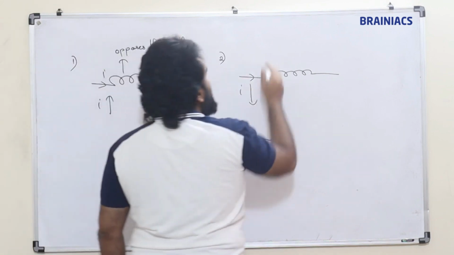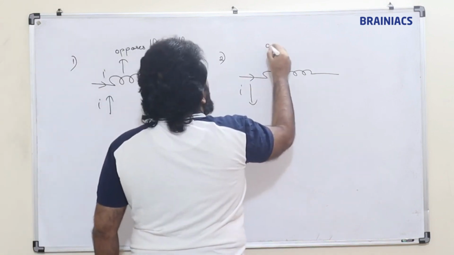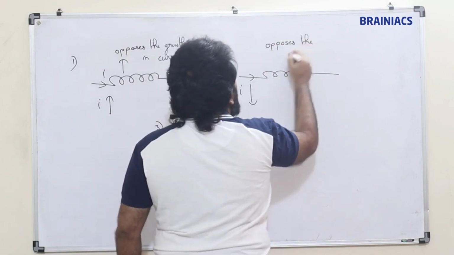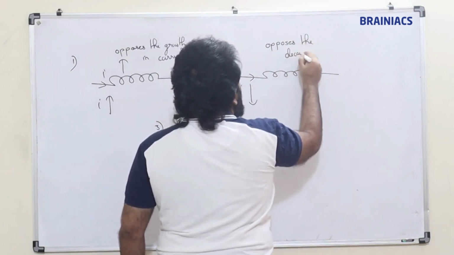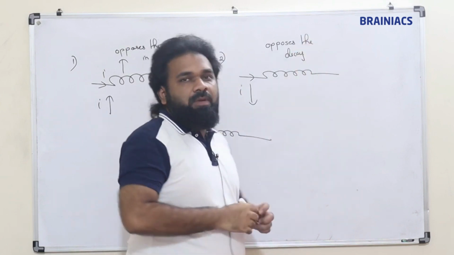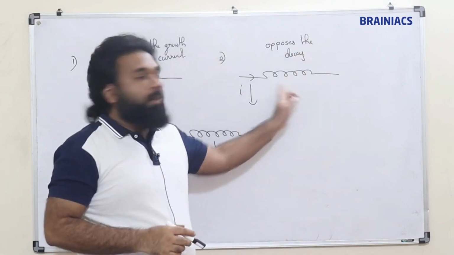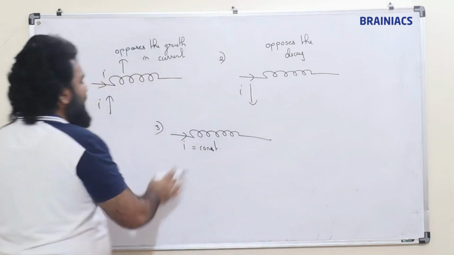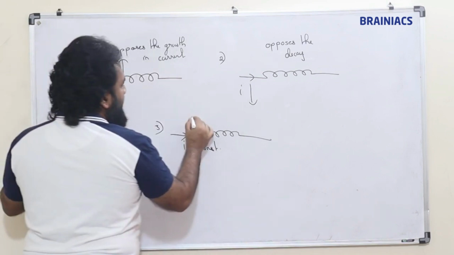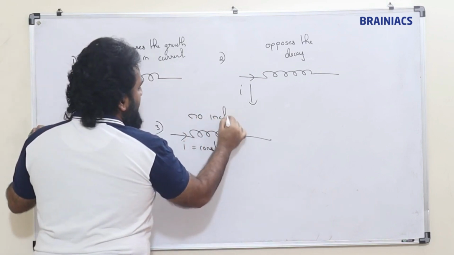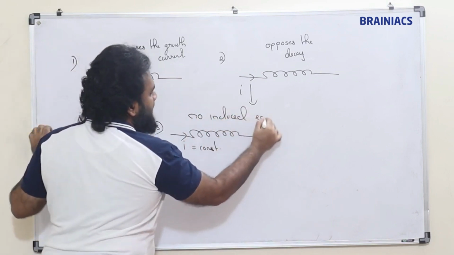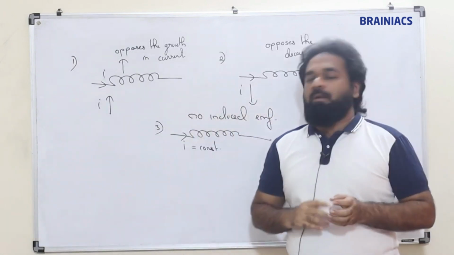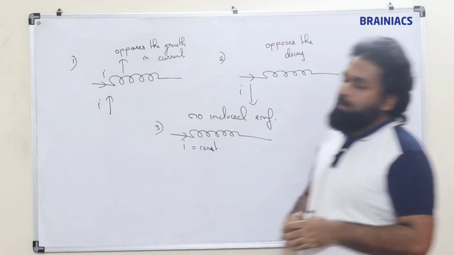Here current is decreasing, so it opposes the decay. So what will happen? This will try to compensate this reduction. If I is constant, no induced EMF. Current is constant, there will not be any induced EMF. Okay, clear?